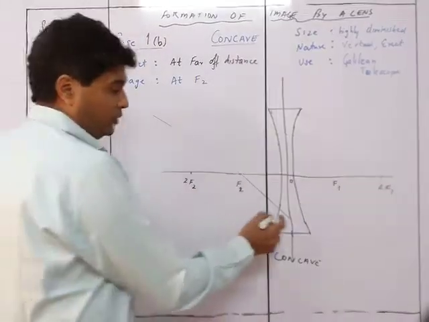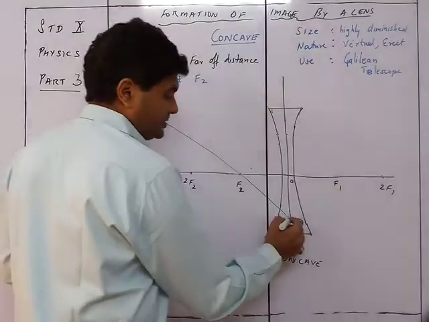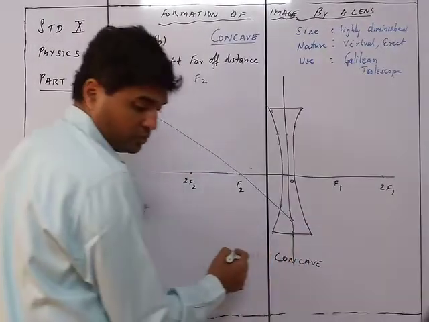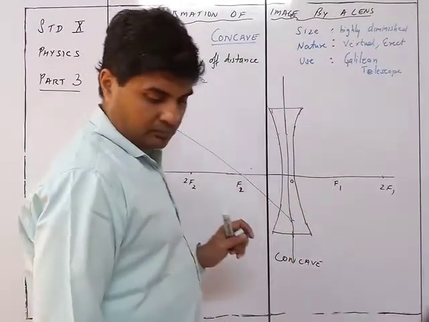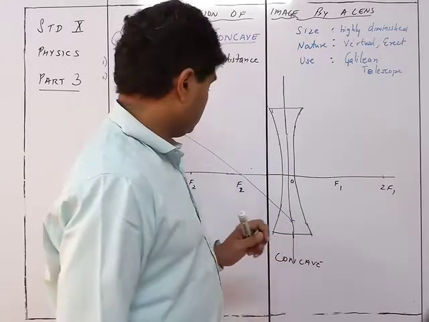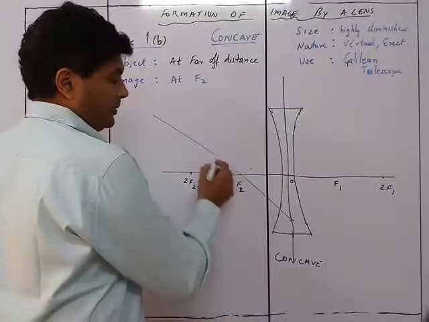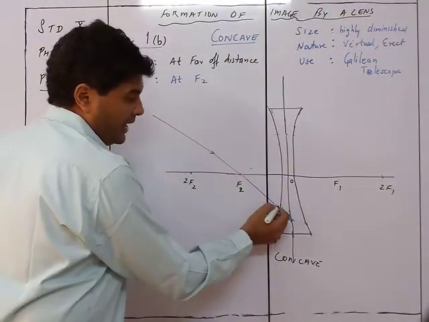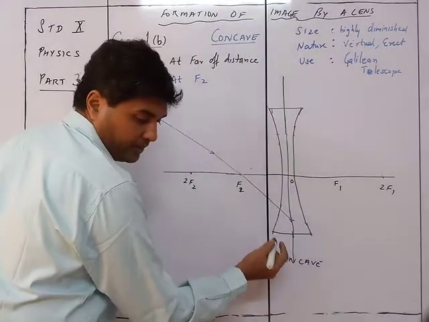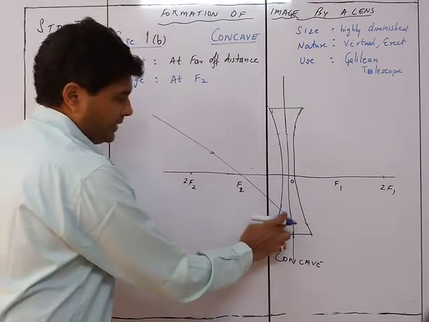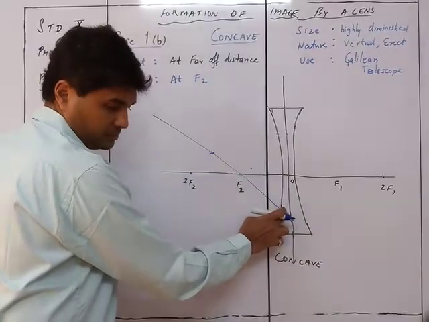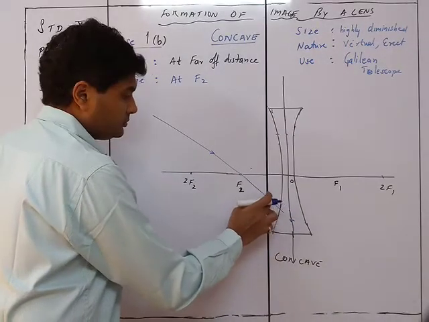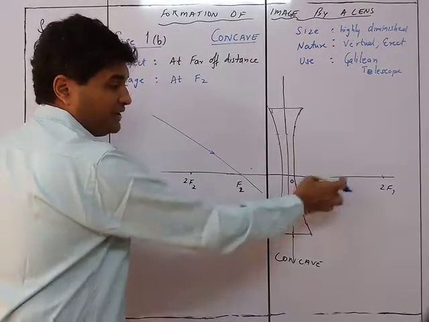So when it's passing through F2, of course it becomes parallel to the principal axis, so it is going to become like this. So let's say, this is coming from here, it seems to be coming from here, so this is coming like this, and it is going to be going, one sec, sorry, I made a mistake. Sorry, I have to pass from here.